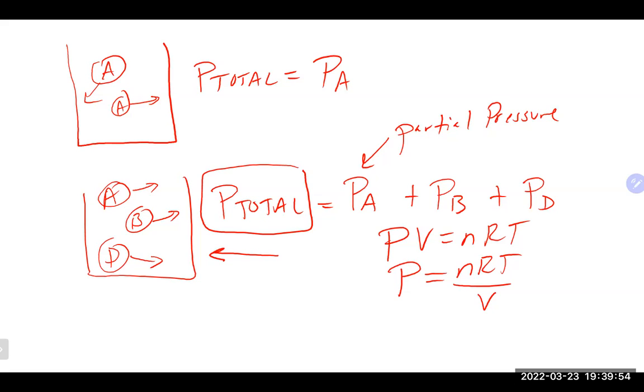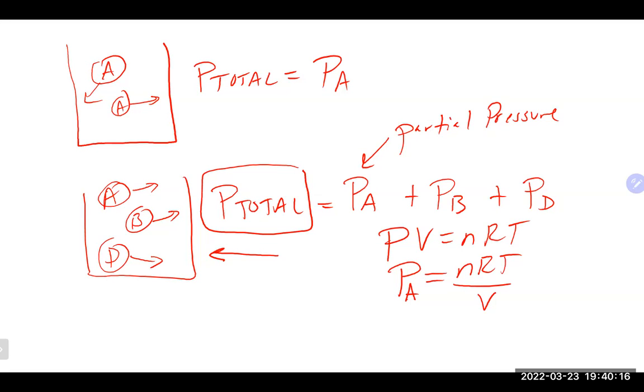The good news is we could just do three separate calculations in this problem using the ideal gas law, one for each gas. We could do this for gas molecule A, gas molecule B, and gas molecule C or D in this particular case.